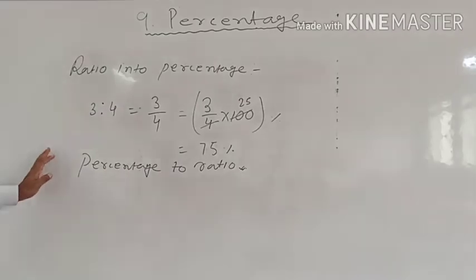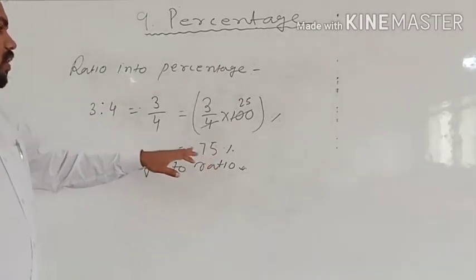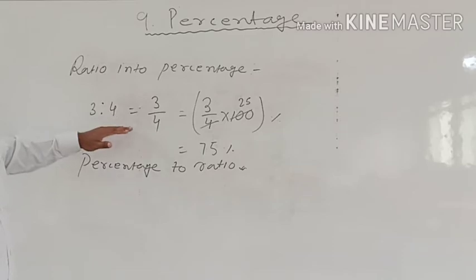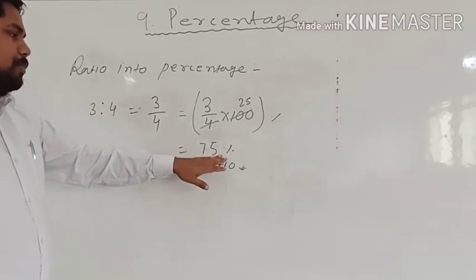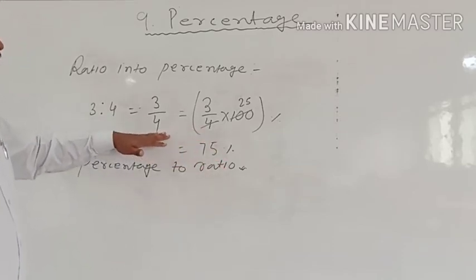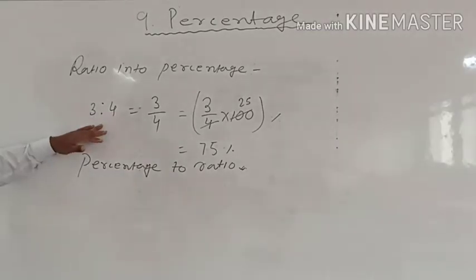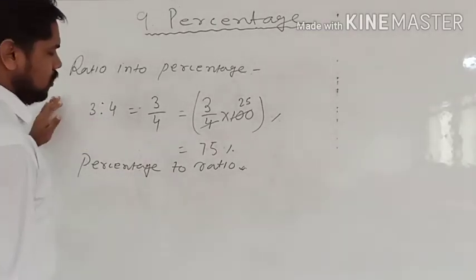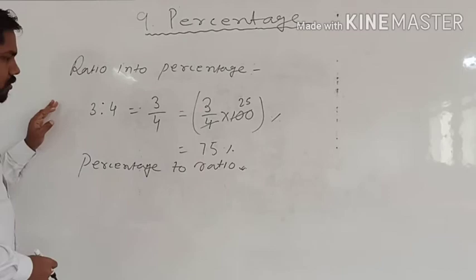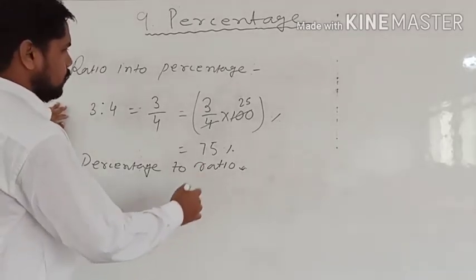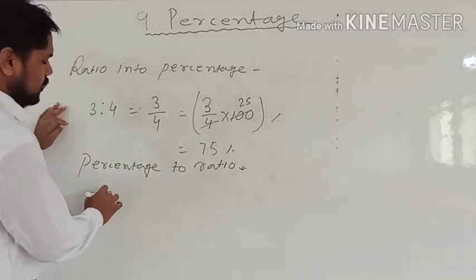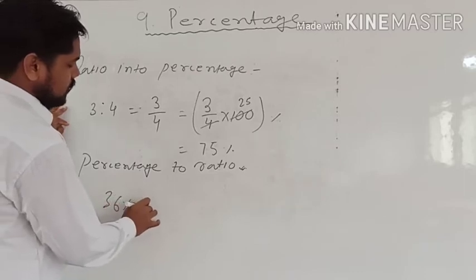So suppose कोई percentage में दिया हुआ है तो कैसे हम ratio में करेंगे? तो same process will be there. First we will convert percentage into fraction, and then the fraction will be converted into the ratio. Okay, so just the reverse action. Here suppose any percentage is given. Suppose 36% is given.